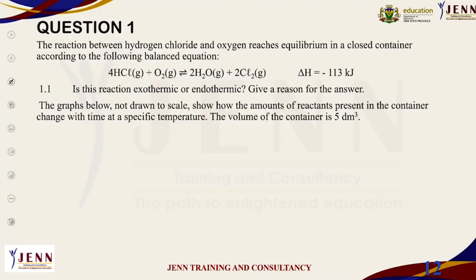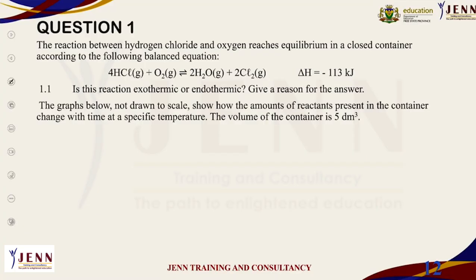Before I even start looking at the question, like I said last week, look at your reaction. Now, if I look at this reaction, boys and girls, there was something different. Do you see there? Delta H is minus 113. So that's a different way of telling you that delta H will be smaller than 0.